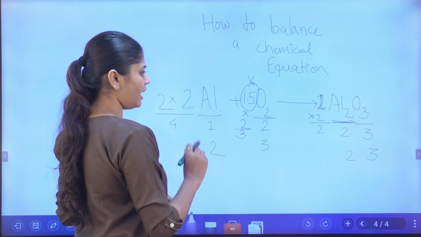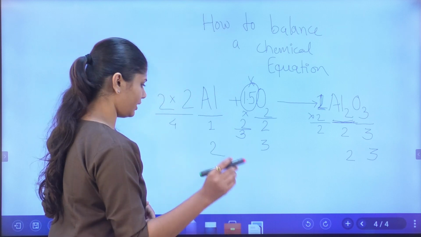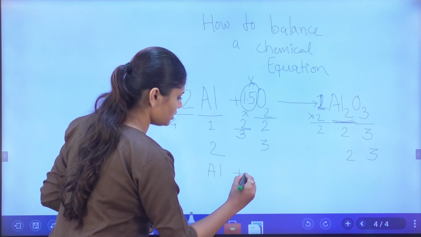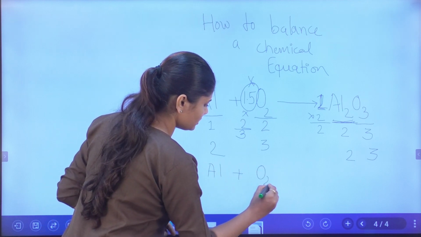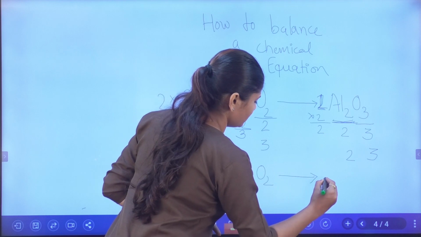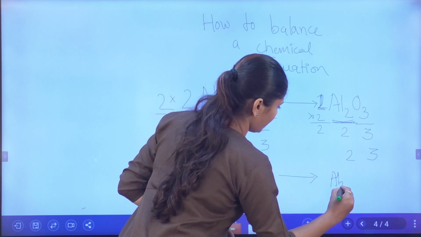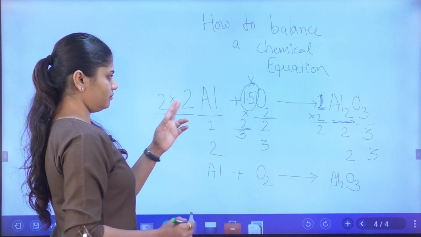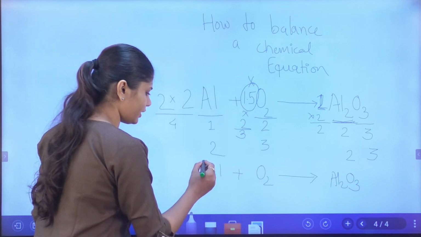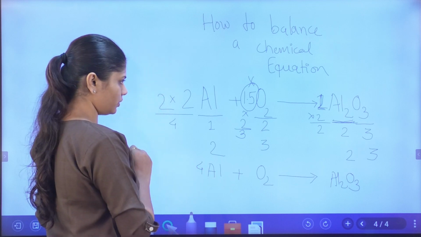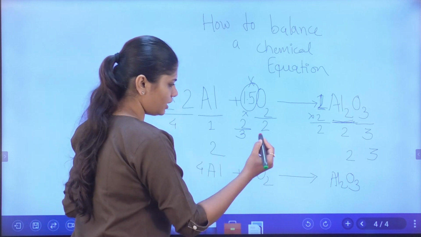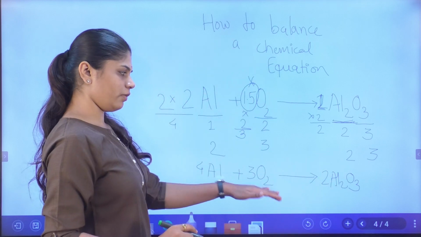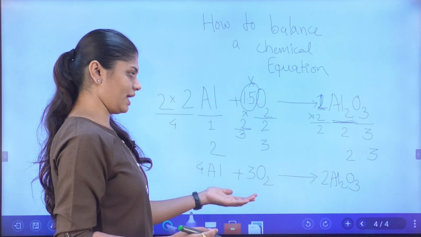I am writing this equation again for you. See, this is the previous equation: aluminium plus oxygen combine to form aluminium oxide. After balancing it, I got a 4 over here, 3 over here, and 2 over here. Now see whether the equation is balanced or not.